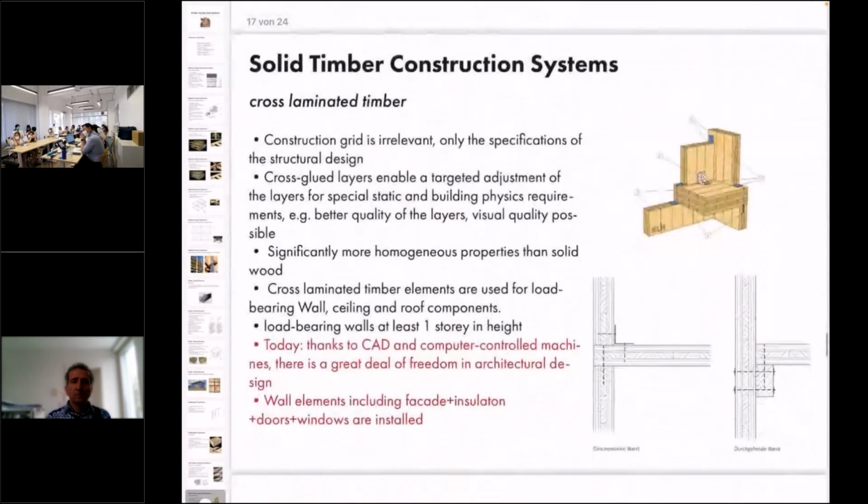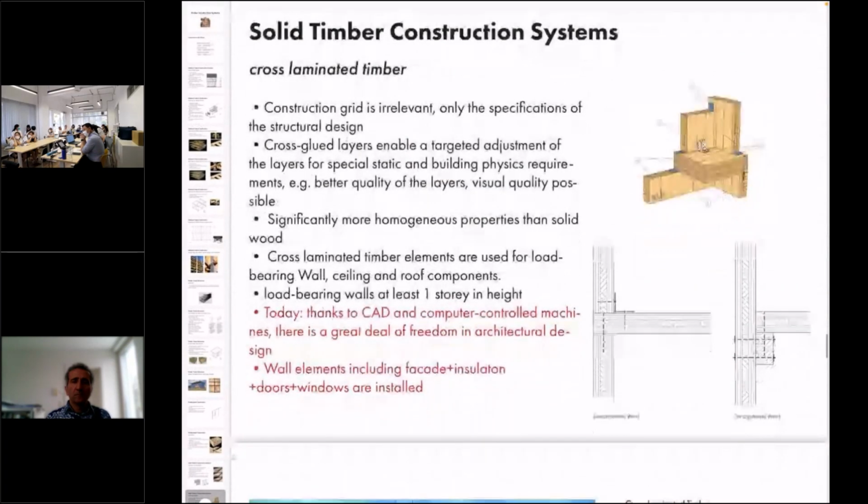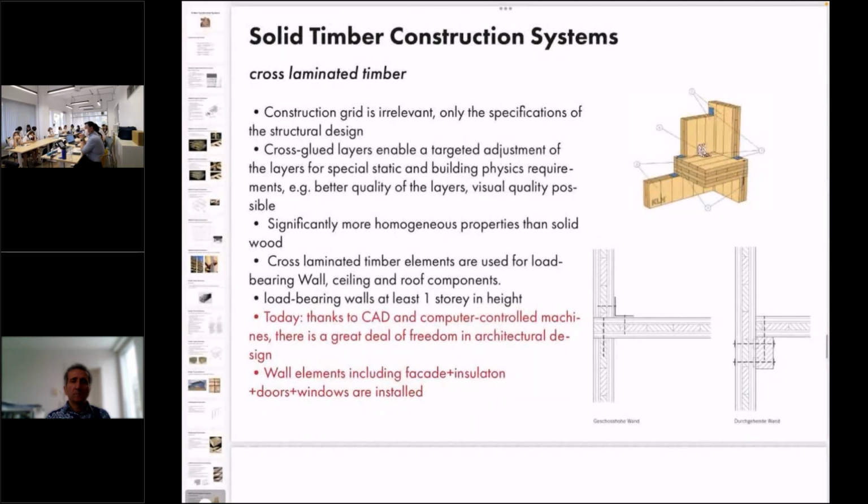So then the cross-laminated timber, which is a very good construction method, because wood is better in some directions of its properties. Well, wood works better in the direction of the tree growing.